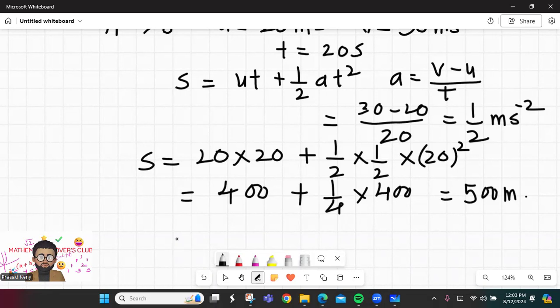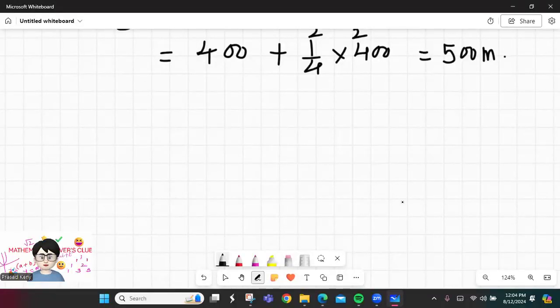But can you think of any other simpler way to do this same problem? Can anyone tell me what can be the easier way to do this?